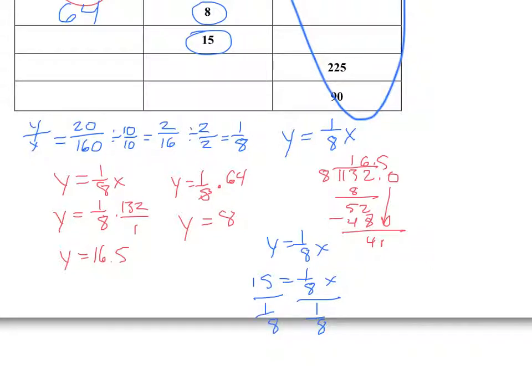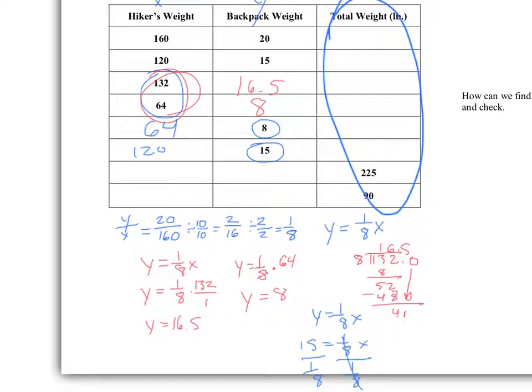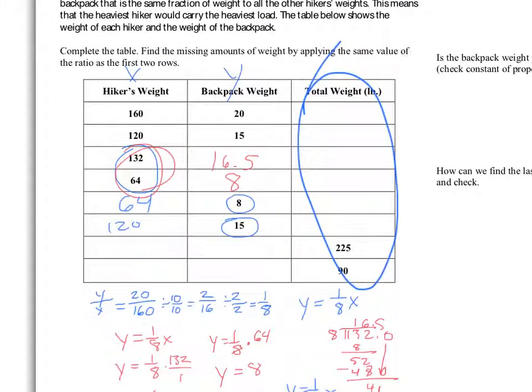So I'm going to get 15 times 1 over 8, the reciprocal would be 8 over 1, is equal to x. So 15 times 8 would be 120. So that's pretty simple when we look at that, filling in those two columns.